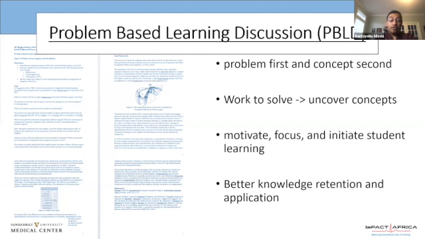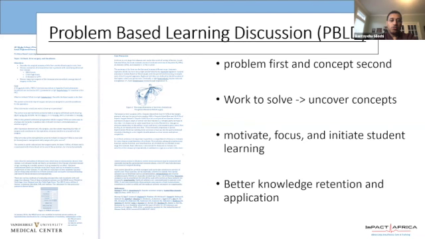So just a very brief reminder of problem-based learning discussions. It's one of the instructional methodologies that we covered. What, in 1 minute, if I have to say, what is it about? The key aspect of it is problem first and concept second.